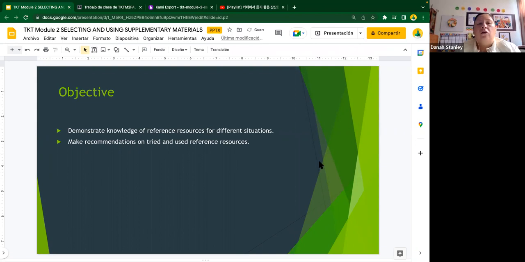All right, entonces, we are going to know how to use different materials in different situations when it is introducing something, practicing something, giving feedback, doing some remedial work, when it is evaluation, etc., etc.